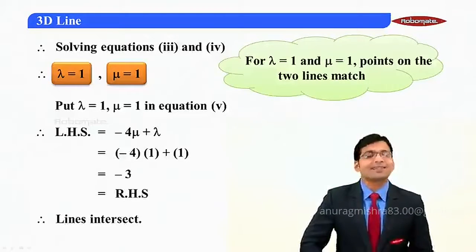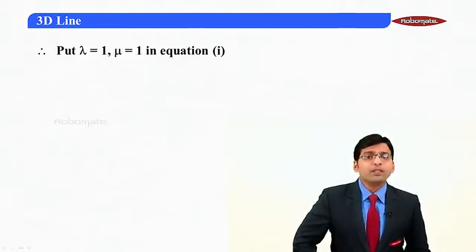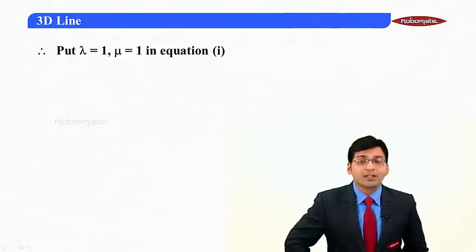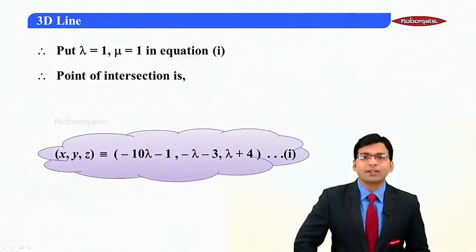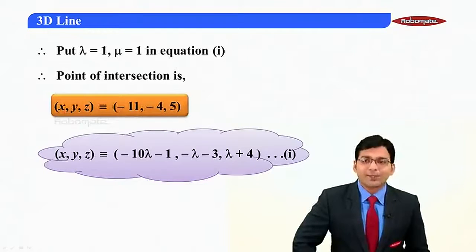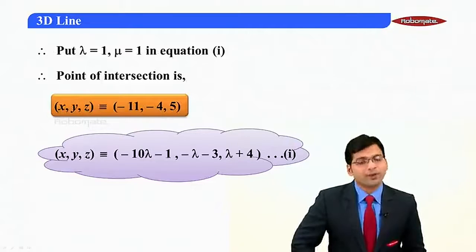That means the lines intersect. Now students, we need the point of intersection, so we put lambda = 1 in equation 1, which gives the point of intersection (x, y, z) = (-11, -4, 5).